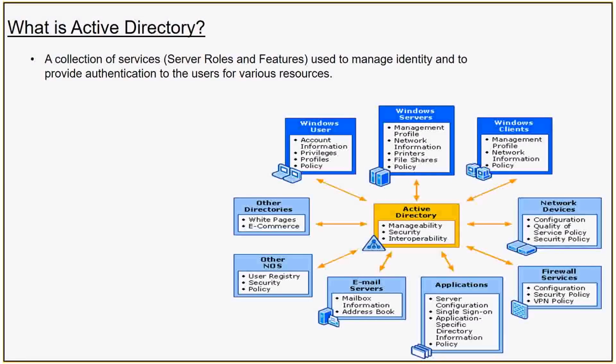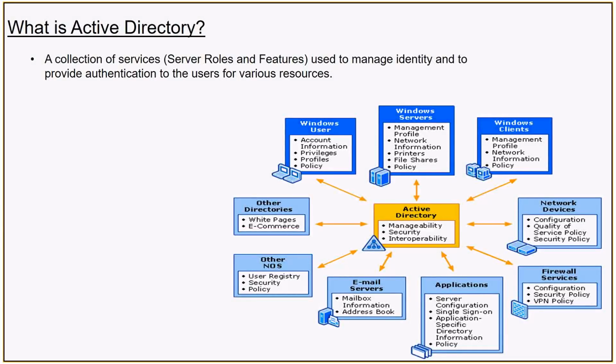So the Active Directory saves the username and password of all the employees and provides them authentication. Authentication means basically allows them to log in onto their systems, and once they log in into their systems, they can use all the resources of the company, provided they have the appropriate permissions. So this is the main component of the server operating system, which is known as Active Directory.